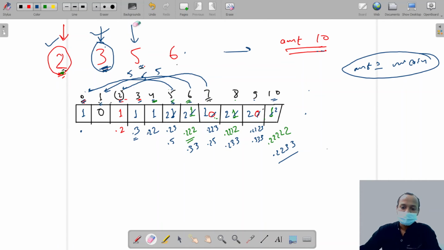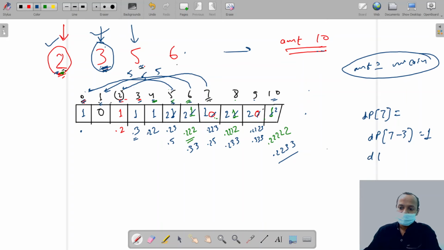Now if you see what I'm doing, let's suppose I'm talking about dp of this index, dp of 7. So what we do is we add dp of 7 minus, first, this one, 3. So this is the way.